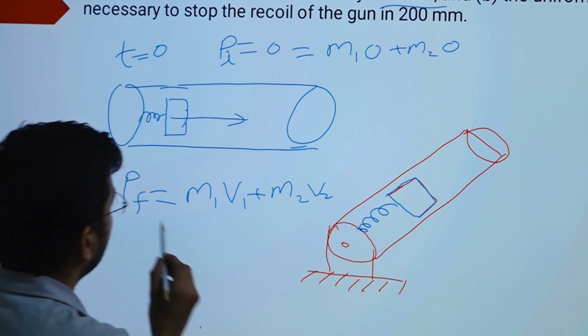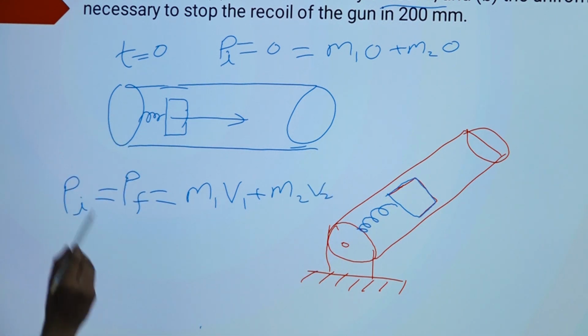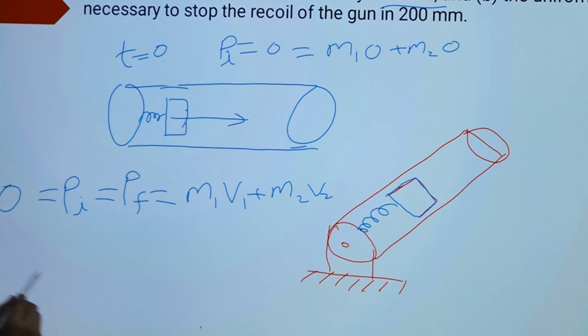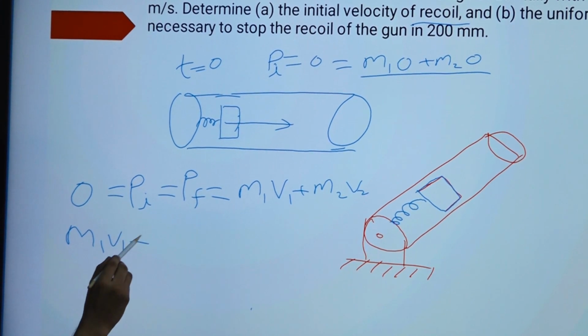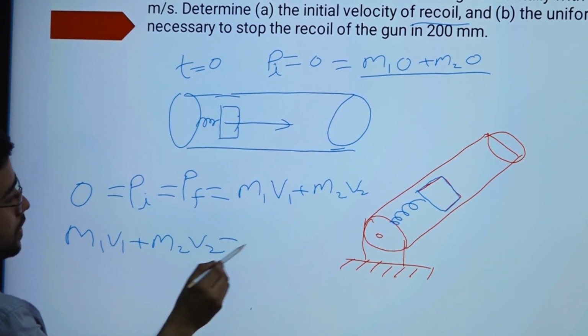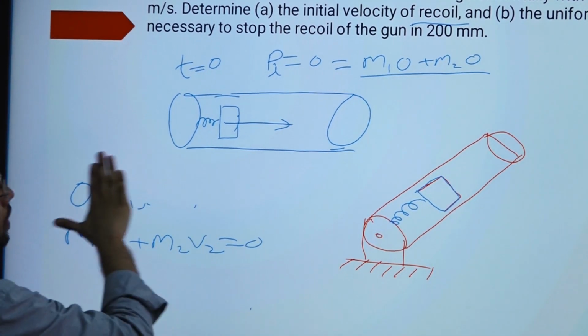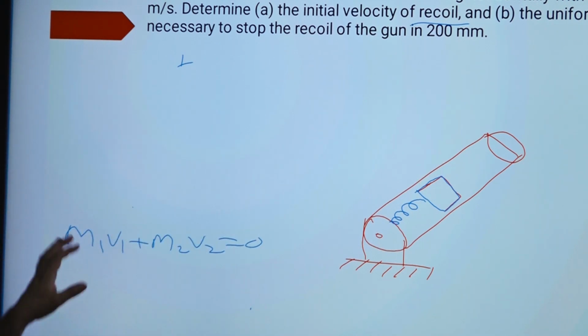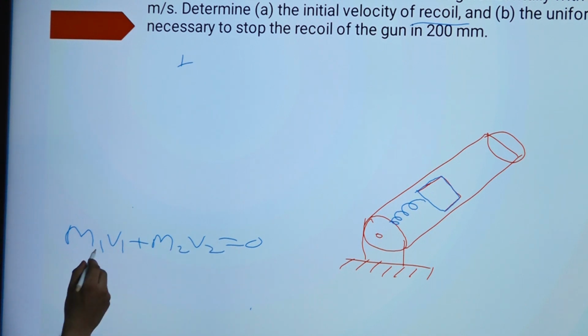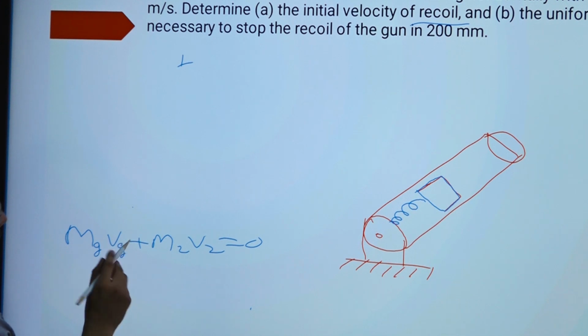So this pf should be equal to pi from the conservation of momentum, and this whole thing will be equal to 0. So finally m1 v1 plus m2 v2 should be 0. So we found this equation, which came from conservation of momentum, right? For this case, m1 is for the gun. Suppose we put g here. So vg is the recoil velocity.